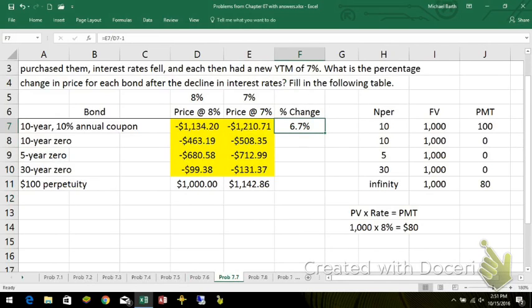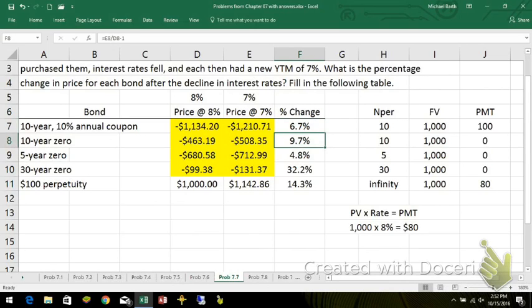And we can see that the price sensitivity differs between these bonds. If we look at the difference between a 10-year zero and a 10-year coupon bond, the higher the coupon, the less the sensitivity. You can't get lower coupon than zero, so zero coupon bonds tend to have greater sensitivity than coupon paying bonds.